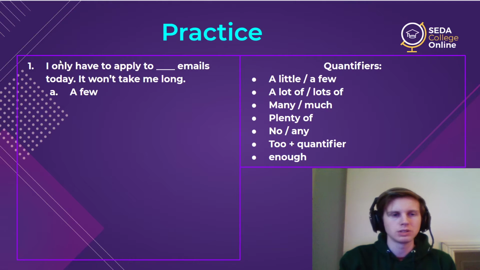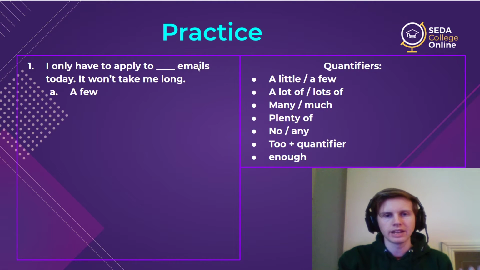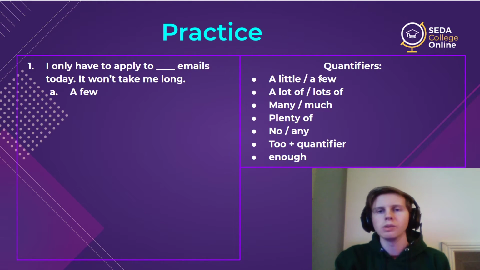I only have to reply to a few emails today, and the others don't fit. So we have a countable noun, plural. So I know it cannot be little because that's uncountable. So this is the only one for a small amount, and it is countable, so a few.